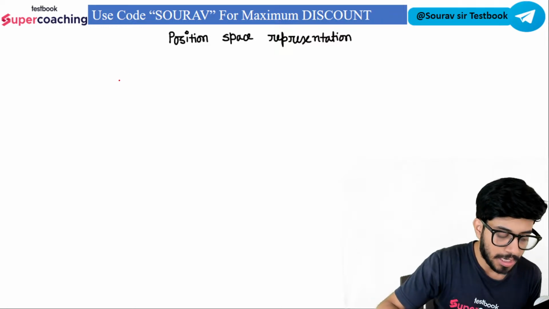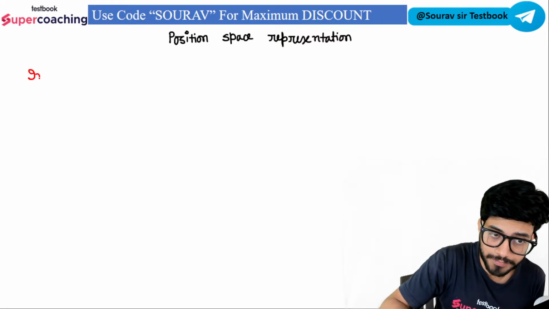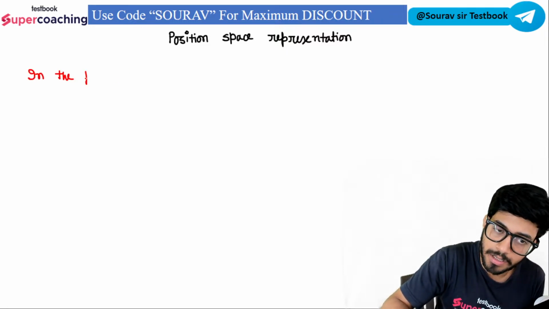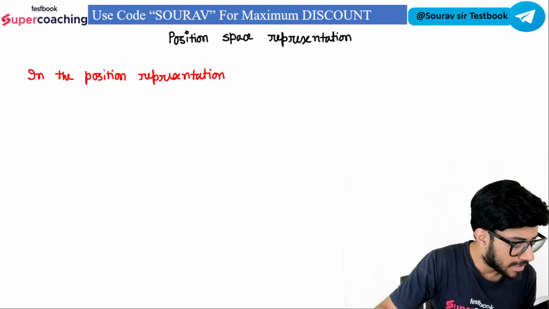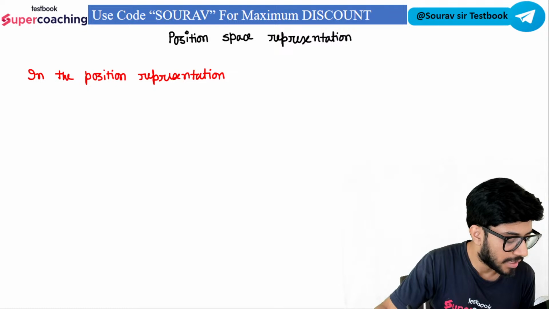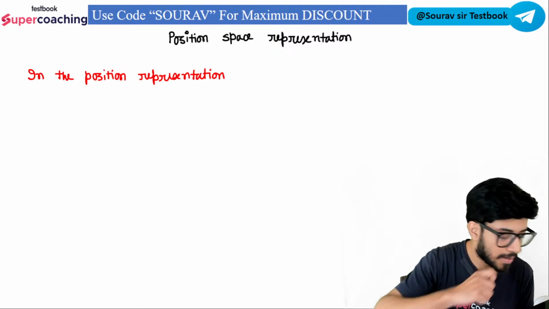So, in the position representation, the basis of the Hilbert space consists of an infinite set of vectors.